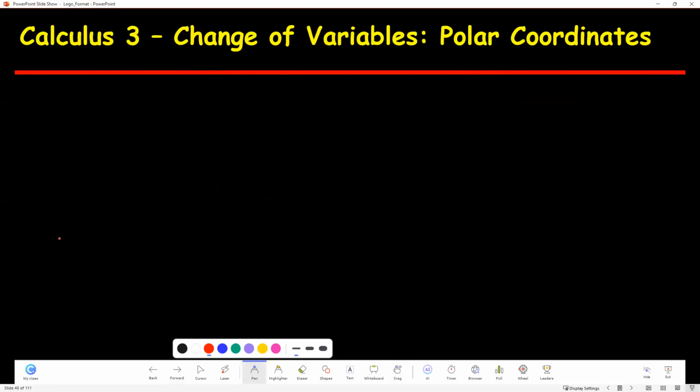Let's evaluate another problem. Evaluate the integral.